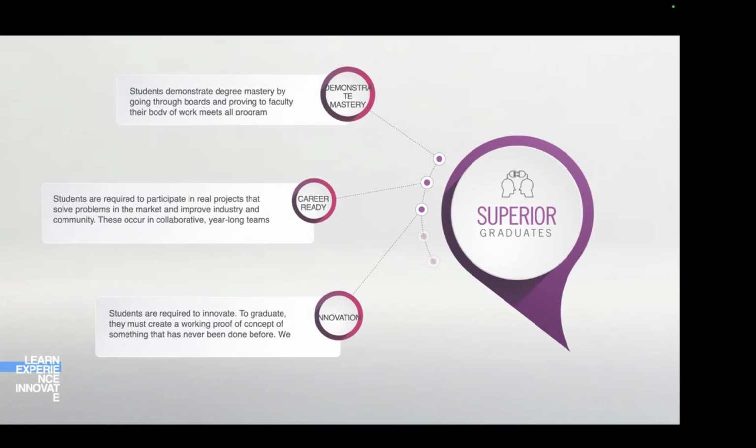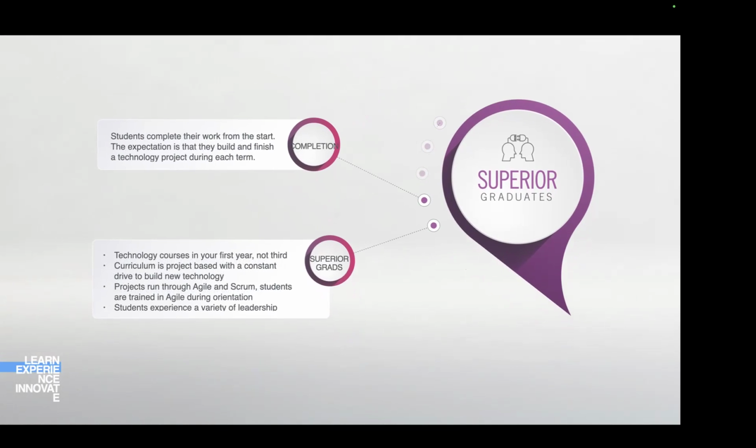You're career ready. You have an internship done with work experience, and you are an innovator. You've completed a student innovation project. So you are proving that you have the ability to get the job done. And you'll also graduate with leadership experience.